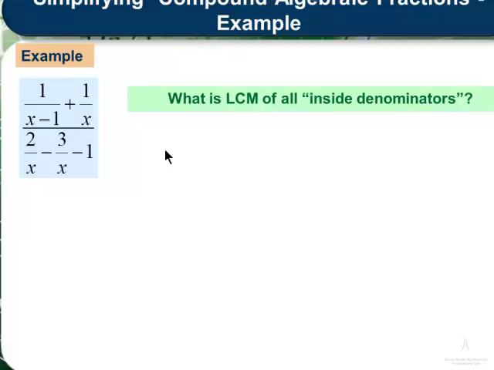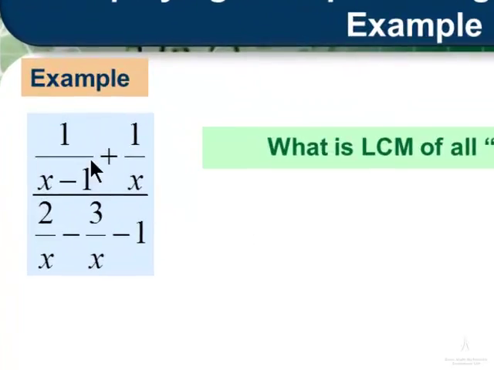Now let's first identify the inside denominators. In this case, it is the denominator x minus 1 in this algebraic fraction above the line. x as well for the second term is part of the numerator in this case. Below the line we have the denominators x and obviously 1 over 1, which means we have a 1 as a denominator as well, an inside denominator for that matter.